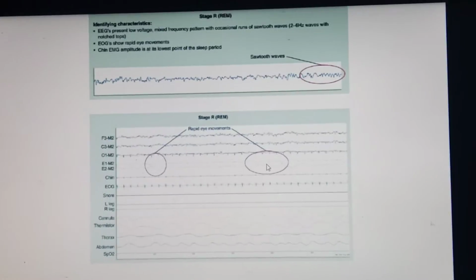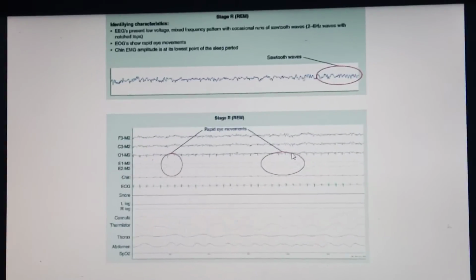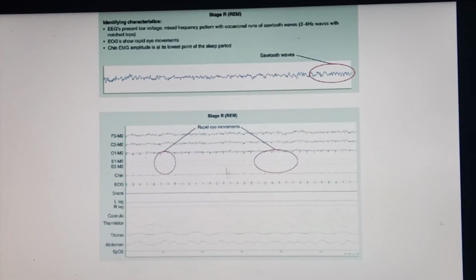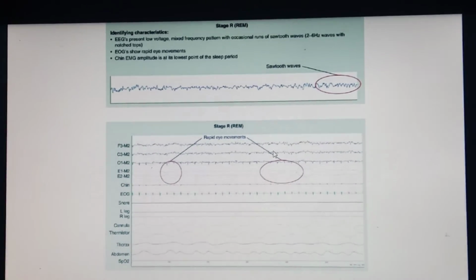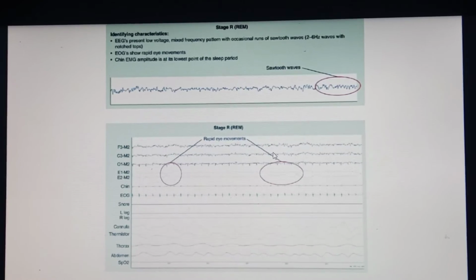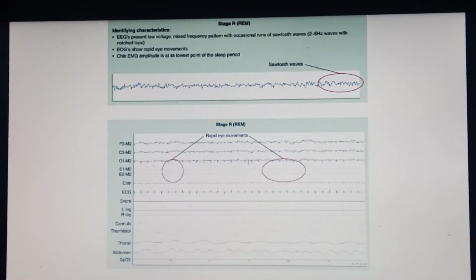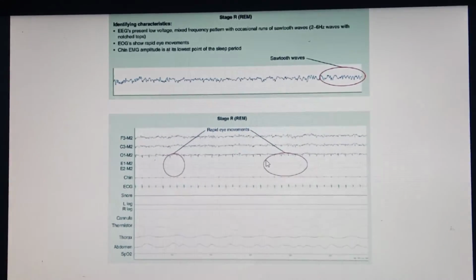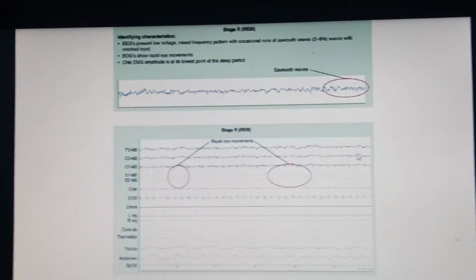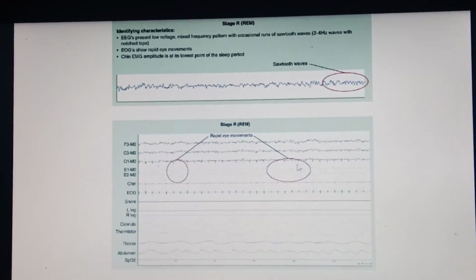So you will see eye blinks and rapid eye movements in phasic REM, and you will not see the rapid eye movements in the tonic REM.